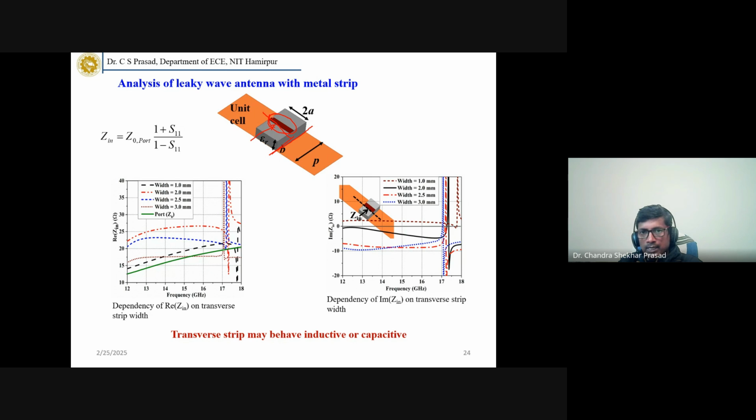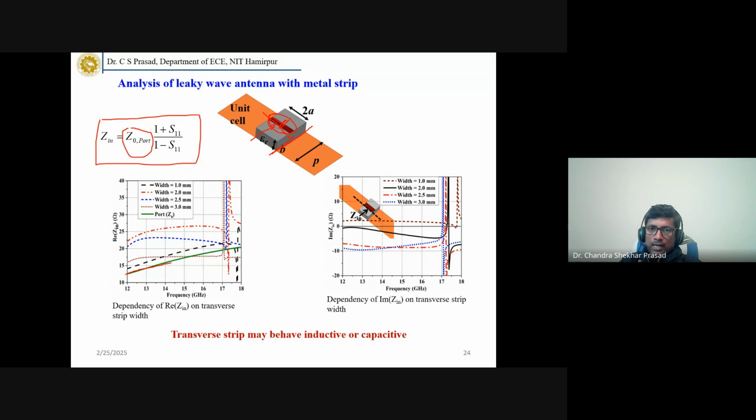So if you have only this strip, just see what the real part of the input impedance will be, and this input impedance is calculated with this relation. If you have the S parameters, we can get them by putting ports on both sides and simulating this structure. And if you plot for different widths, this is the width. This green line is the Z port, that means this is the characteristic impedance of this unperturbed line.